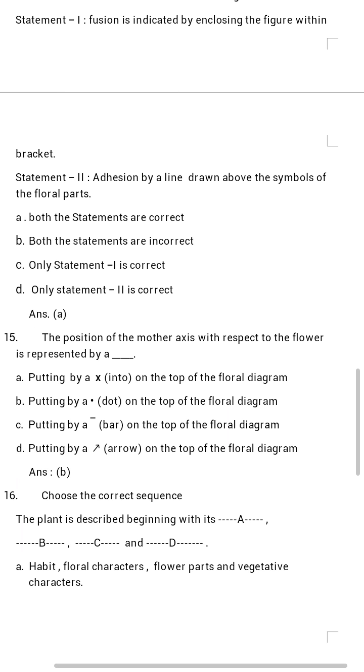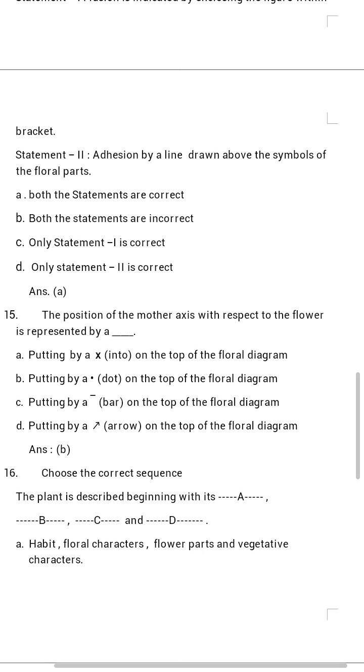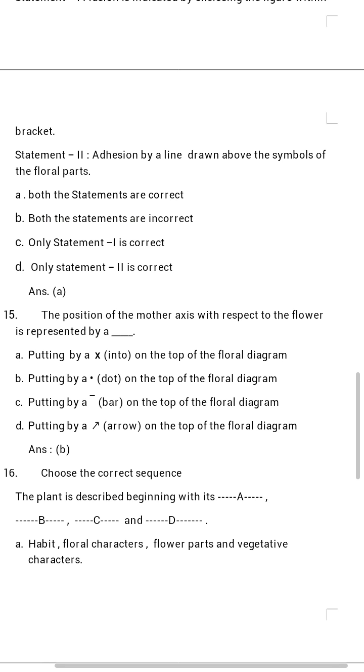Next, let us see statement 2. Addition is indicated by a line drawn above the symbols of the floral parts. This is also a very important part. When the floral parts are showing addition, then one small bar should be indicated above the bracket. One small bar has to be written.